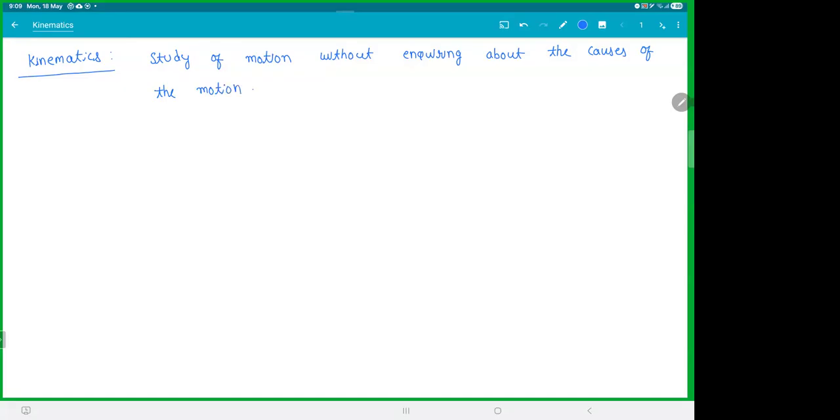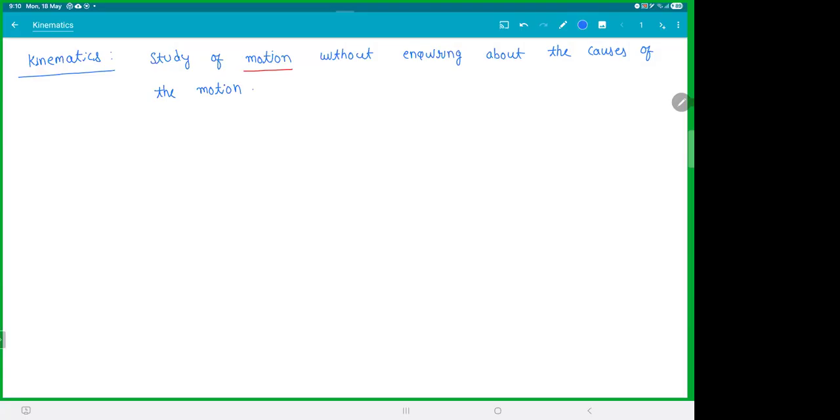Meaning, when I say the body is having velocity 10 meter per second, we're not going to ask how did you get the 10 meter per second, or how did you get the acceleration. Those questions will not be asked in this chapter. We will deal with that in the next chapter, laws of motion.